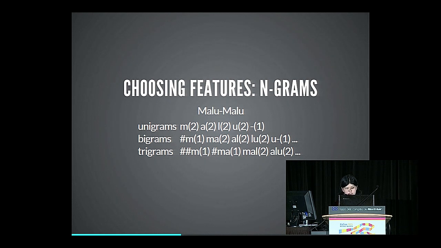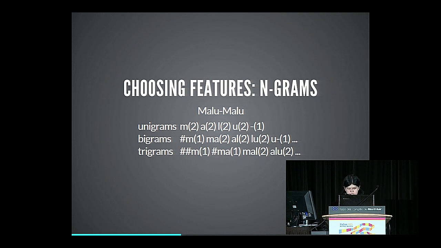So unigrams or 1 grams are just characters. So here, there's 2 of each letter except for the hyphen. Bigrams are going to be sequences of length 2. So we have one of the start symbol followed by an M, and 2 of just about all of the others, except for the ones around the hyphen and around the N. And the same thing for trigrams.